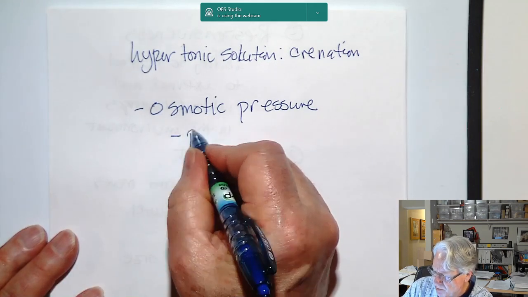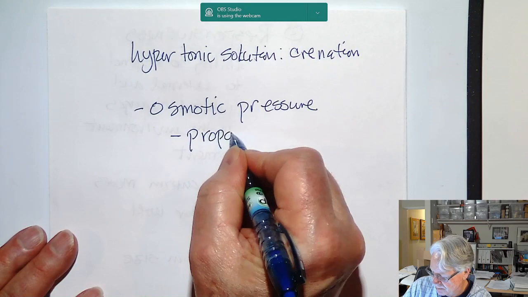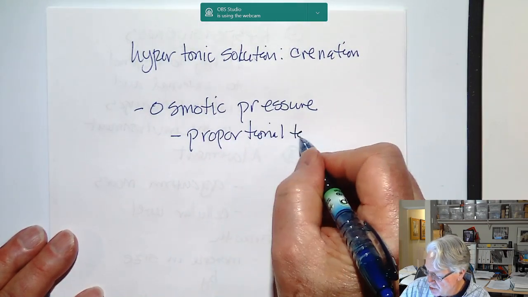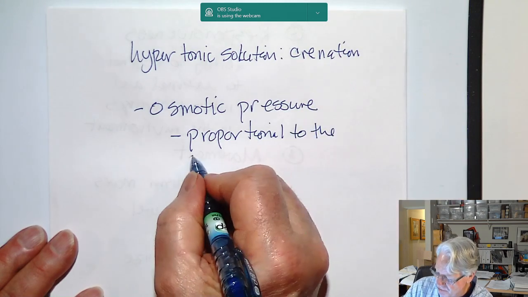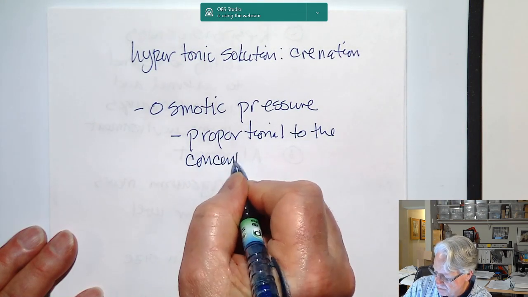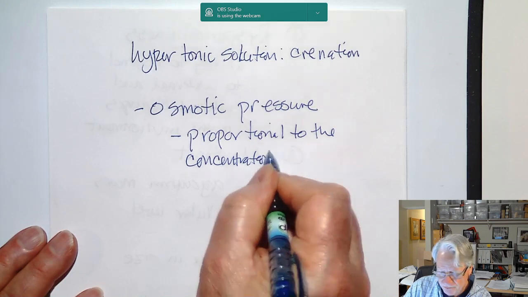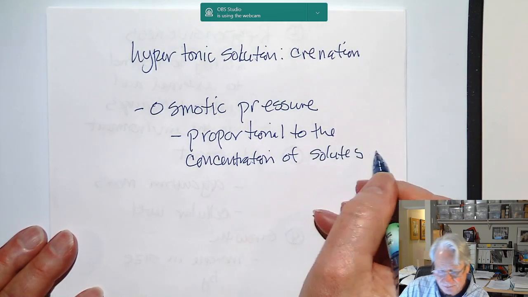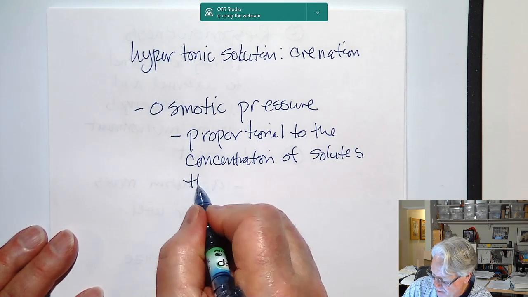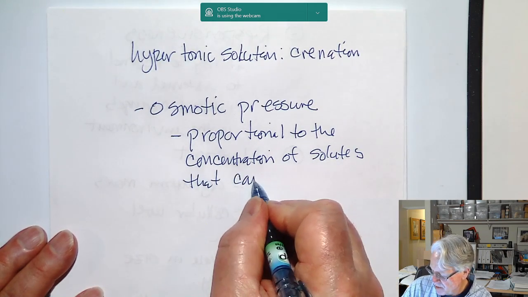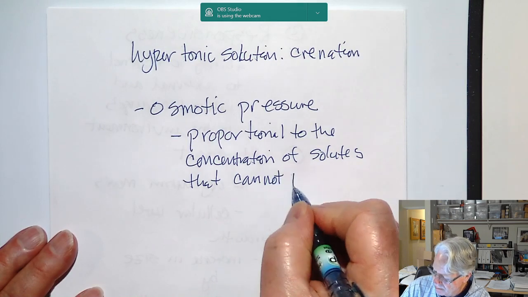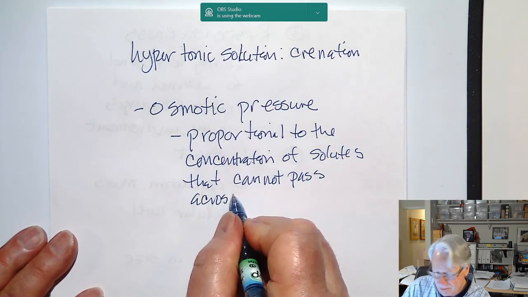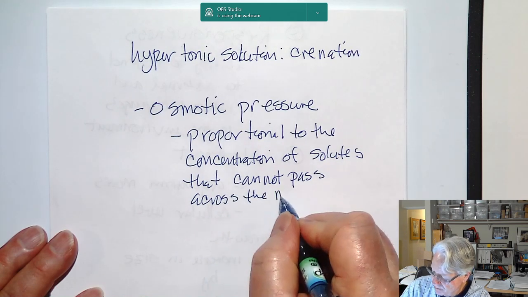So osmotic pressure is proportional to the concentration of solutes that cannot pass across the membrane.